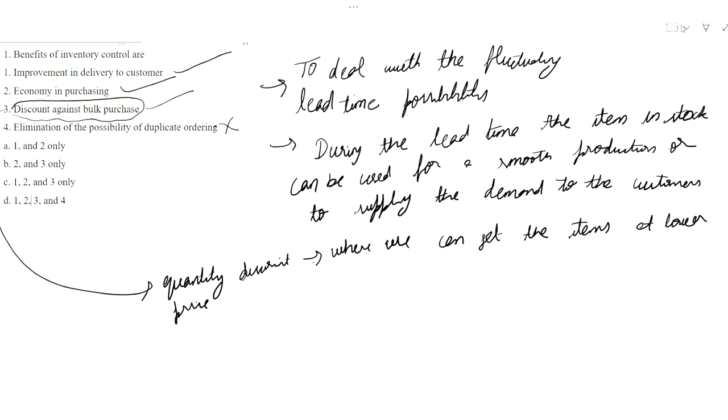Inventory means that during the lead time, the items in stock can be used for smooth production so as to supply the demand to customers. Discount against bulk purchase means we can get the items at a lower price for a bulk purchase.